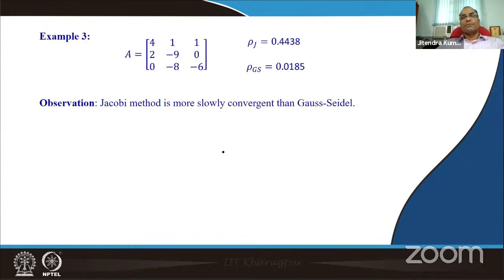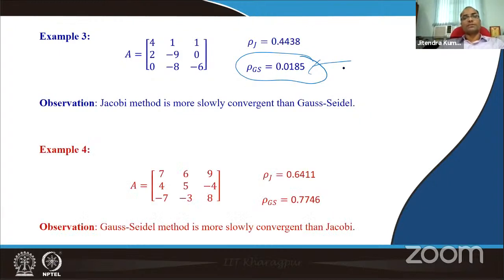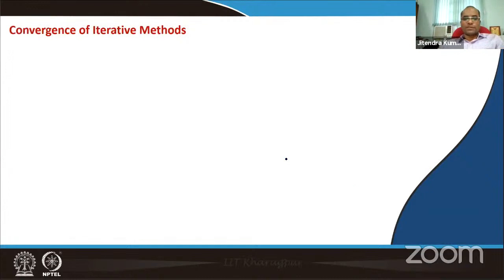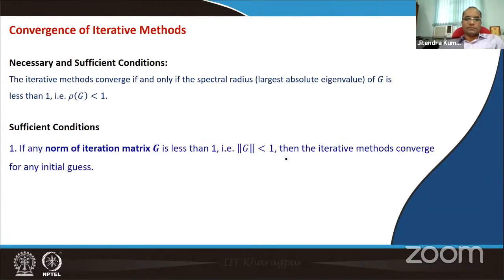And in the third example, because the Gauss-Seidel spectral radius is less, Gauss-Seidel will converge faster and Jacobi will converge slowly. But on the other hand, in this example, you can see the other result, that Jacobi will be faster than Gauss-Seidel.